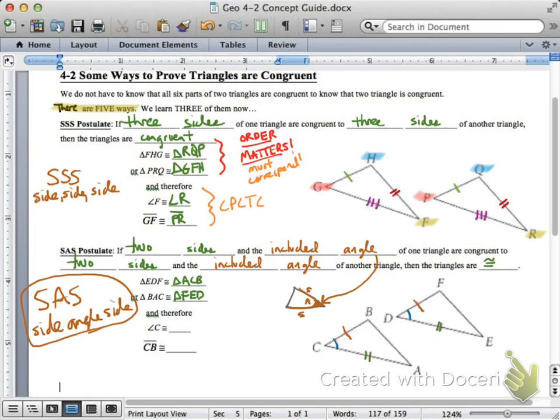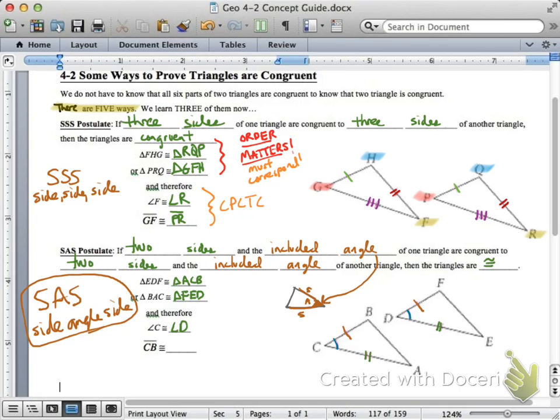Remember to be careful, make sure that the appropriate angles correspond, such that if we look at DF, that better correspond with CB over here. DF corresponds with CB. And so now all of the parts are congruent.